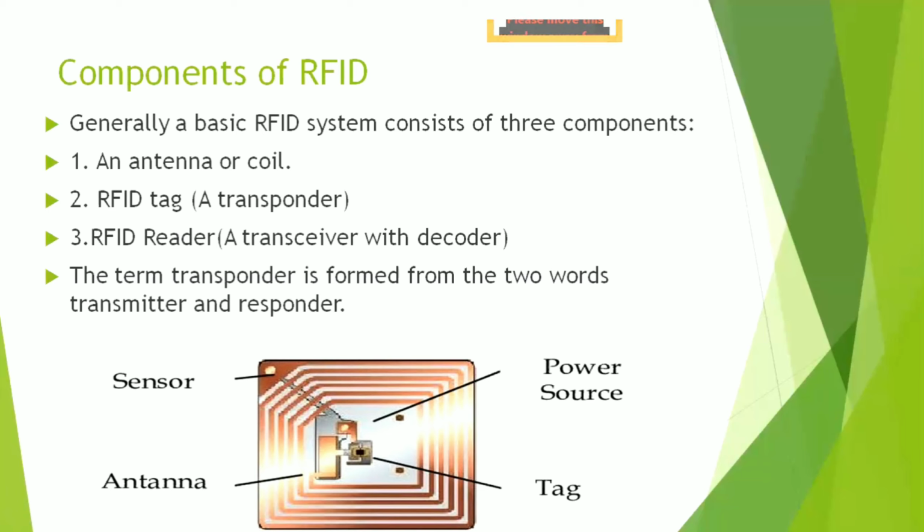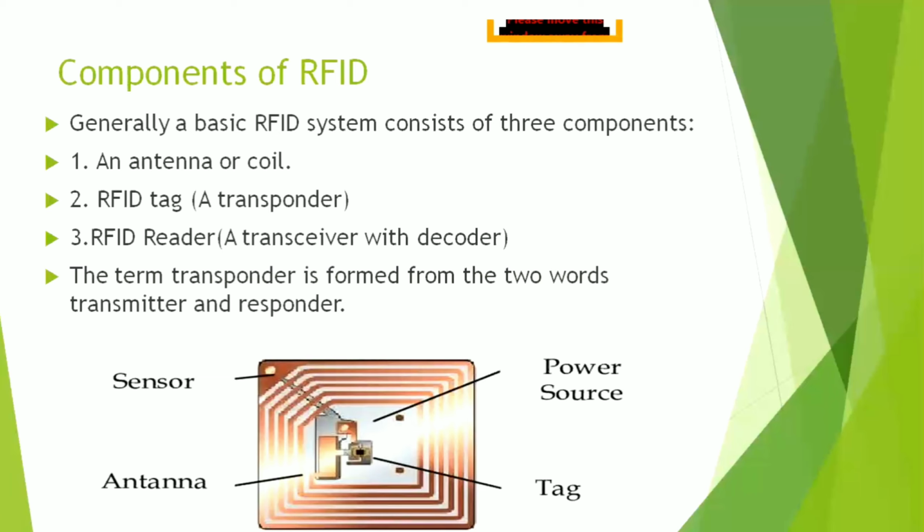That's the reason we call it a transponder. Coming to the RFID reader, it is a transceiver, meaning it first transmits the signals and then receives the information from the tag. That's the reason we call the RFID reader a transceiver.